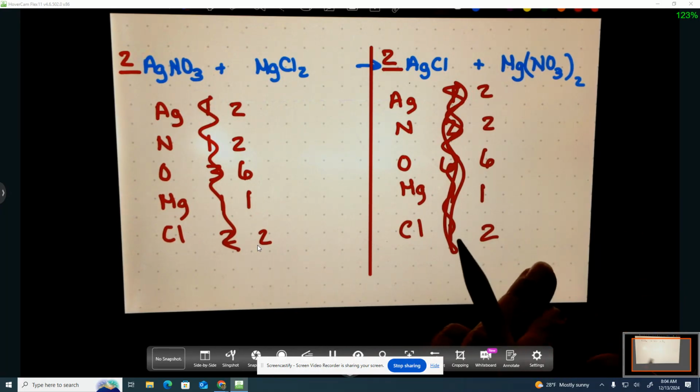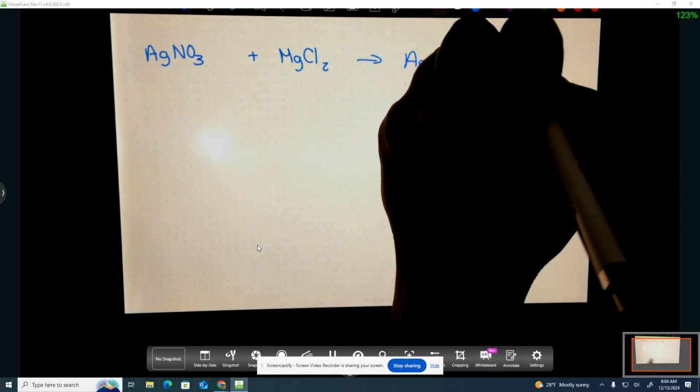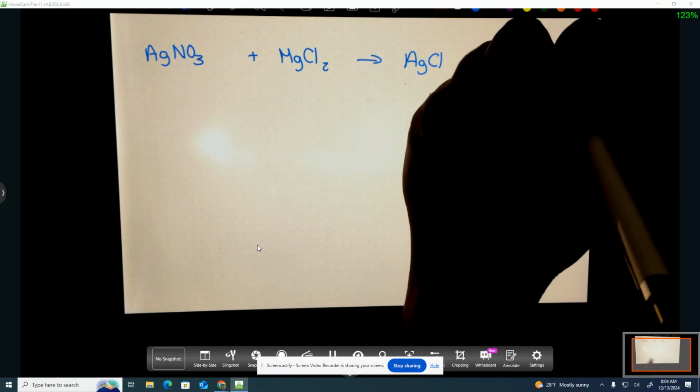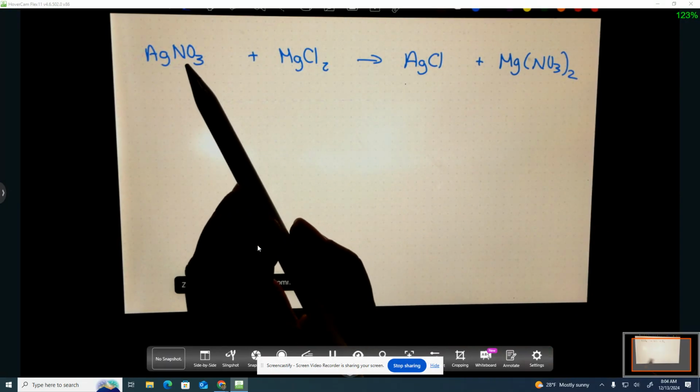Now I'm going to show you how to do it a different way. Okay, just watch. Don't do anything. So we had silver nitrate, magnesium chloride, silver chloride, and magnesium nitrate. Do you see that this is a polyatomic ion?